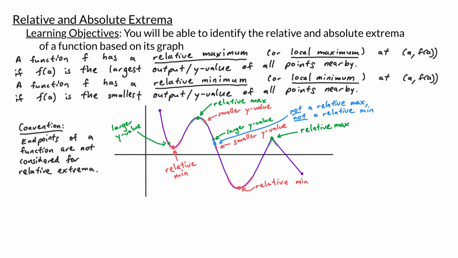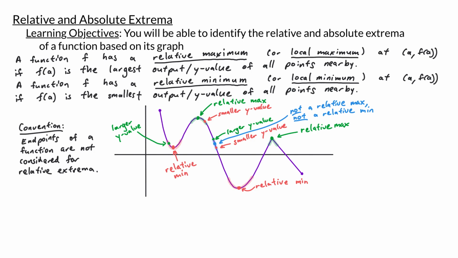You might also observe that we have relative maximums at points where our graph transitions from increasing to decreasing. Here as well, at this relative maximum, before it, our graph is increasing, after it, our graph is decreasing. So again, when our graph transitions from increasing to decreasing, we have a relative maximum.